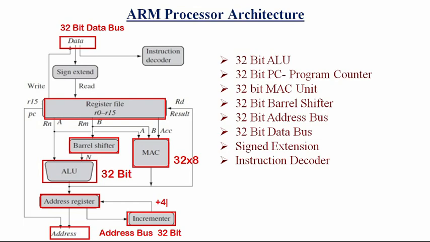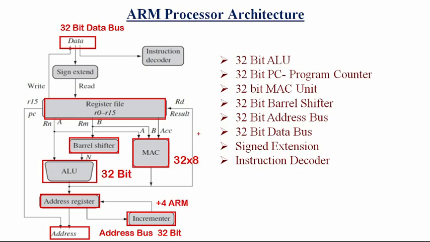If you are operating in thumb mode, it is incremented every time by 2. So when your processor is operating in ARM mode, it is incremented by 4. We should understand that.